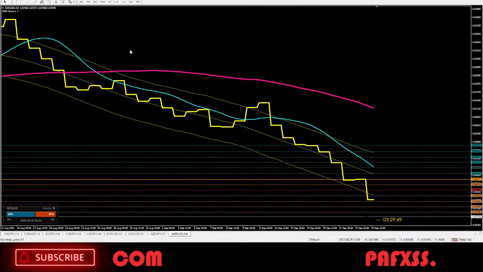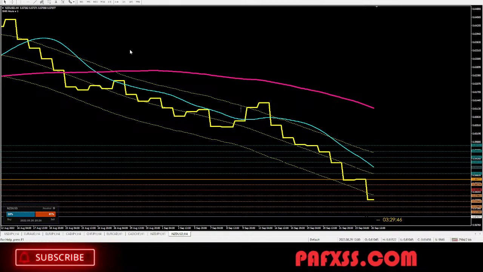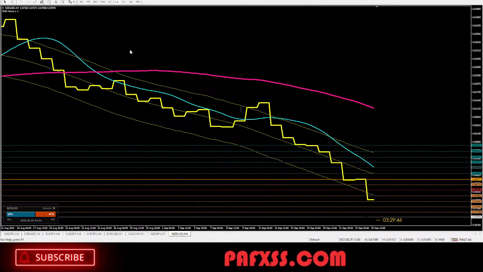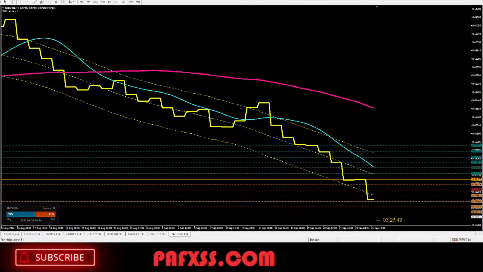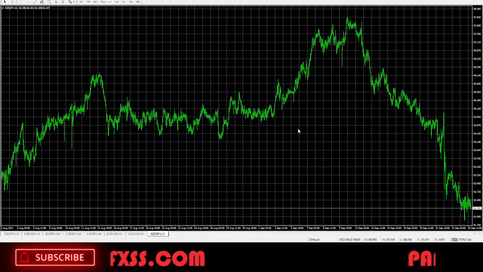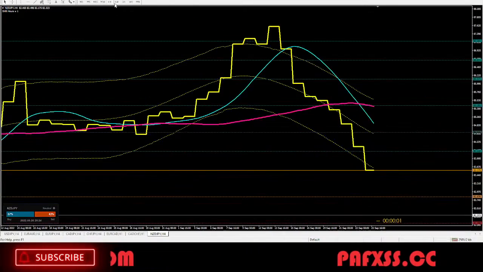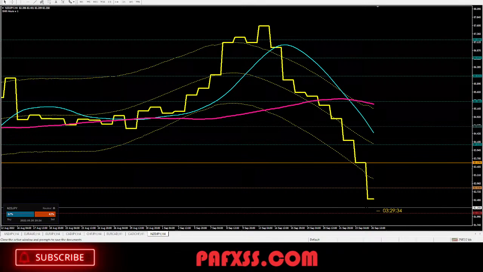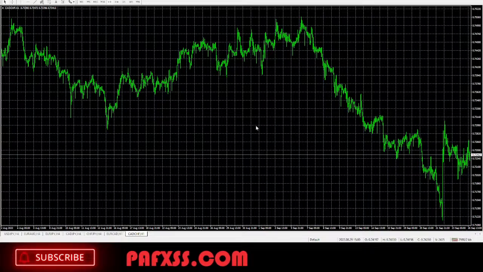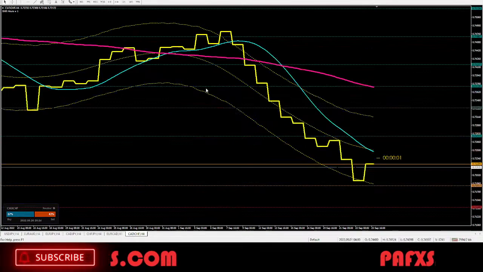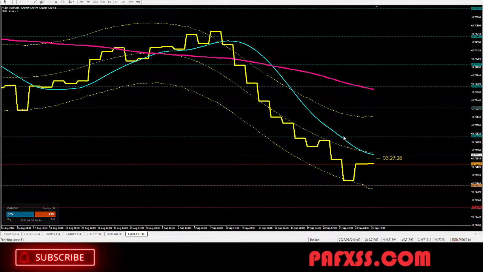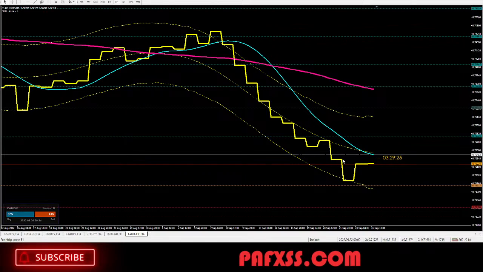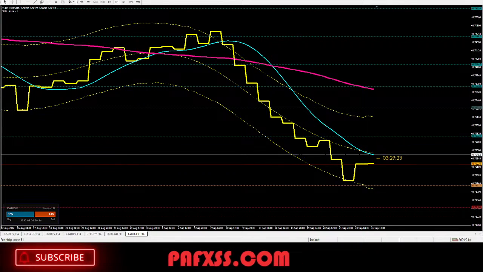This one is NZD USD. Yeah, no good. This one is NZD JPY. Yeah, no good. This one is CAD CHF. No good.